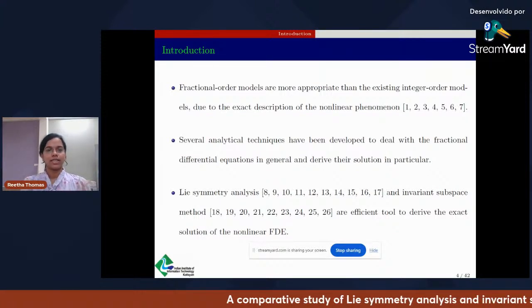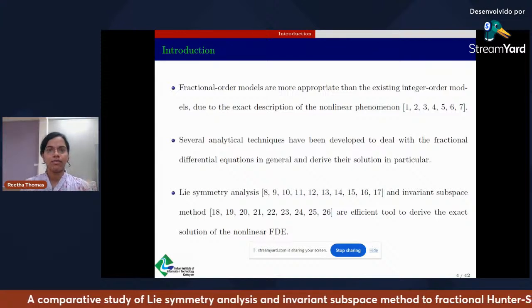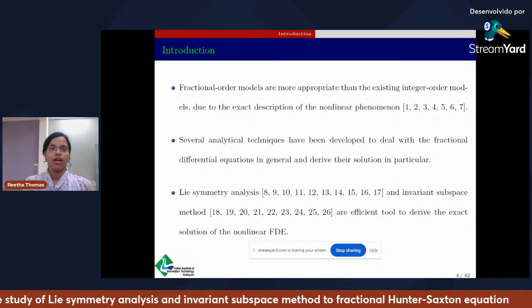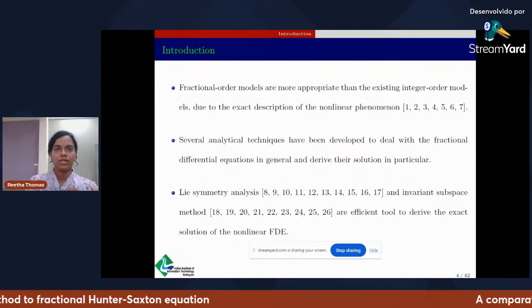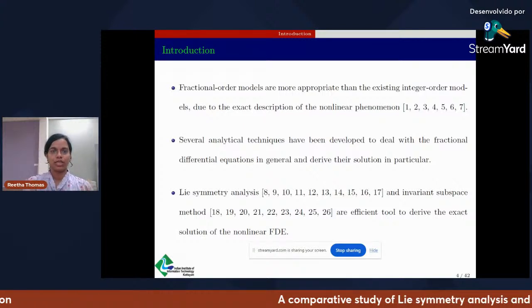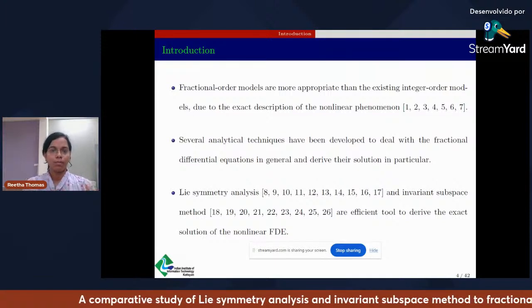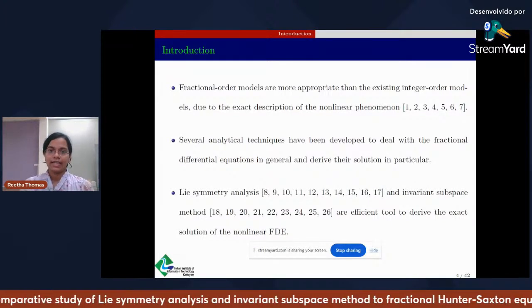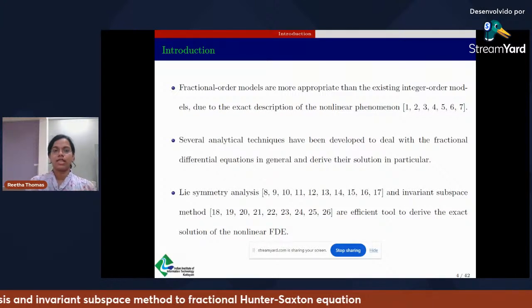First, moving to the introduction, we all know that fractional calculus is the generalization of integer order calculus, where it has many applications, like we can use it in the stress strain relation of viscoelastic material, anomalous diffusion equation. But the fractional derivatives do not obey the properties like Leibniz rule, chain rule, standard properties of integer order calculus.